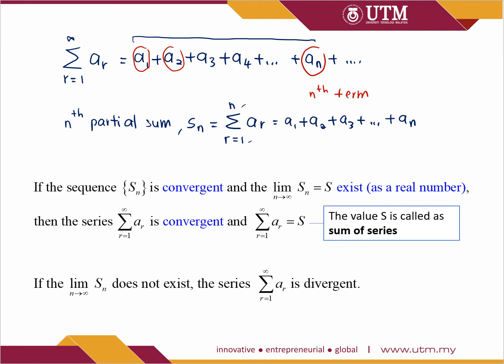But if the limit of S sub n, where n approaches infinity, does not exist, it means that the series a_r from r equals 1 up to infinity is divergent.